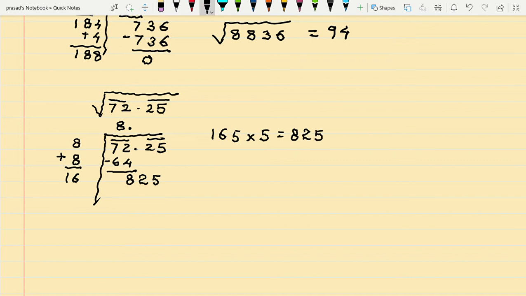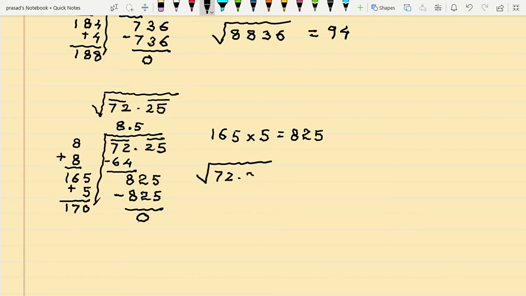That means next quotient is 5, the divisor is 165, so I will add the quotient to get the new divisor, that will be 170, and I will subtract 825 from here, which will give me the final remainder as 0, and hence the square root of 72.25 is 8.5.